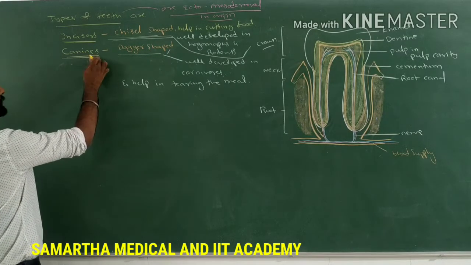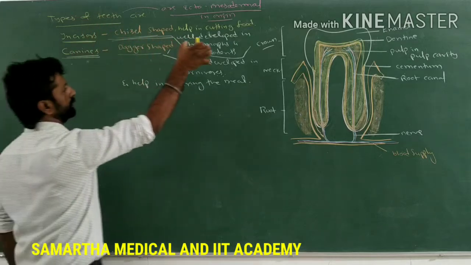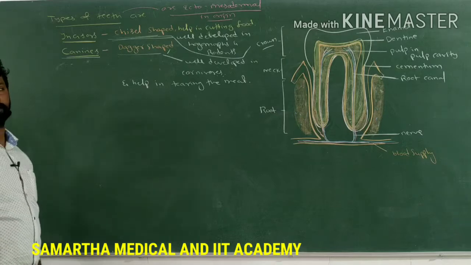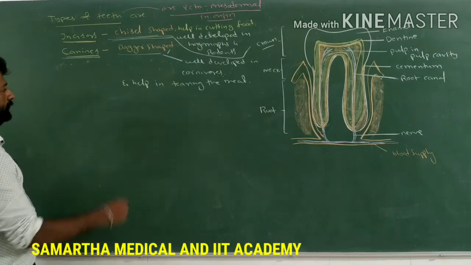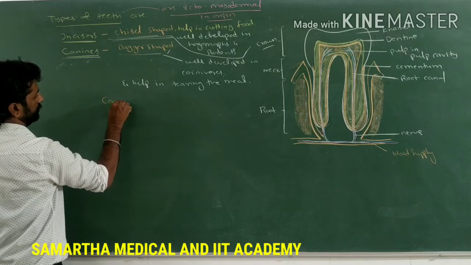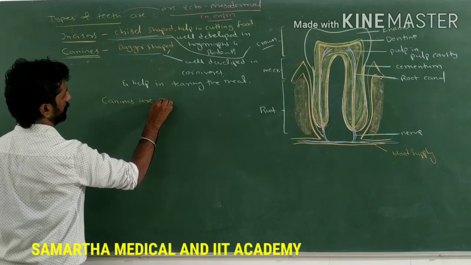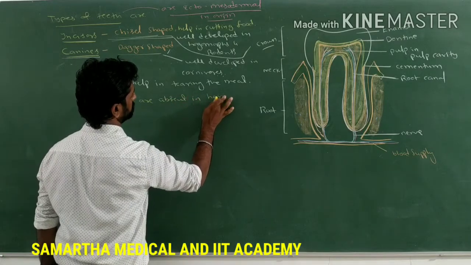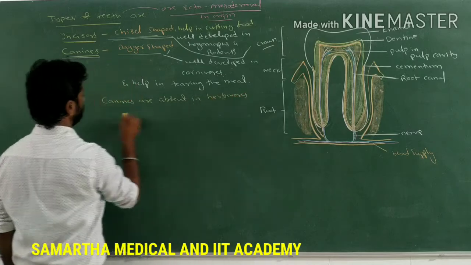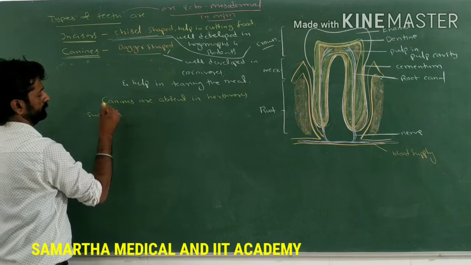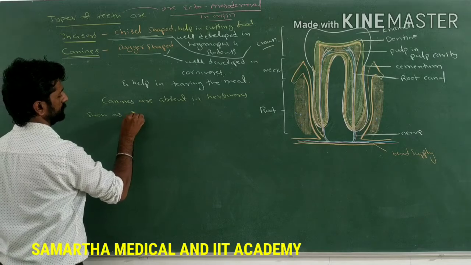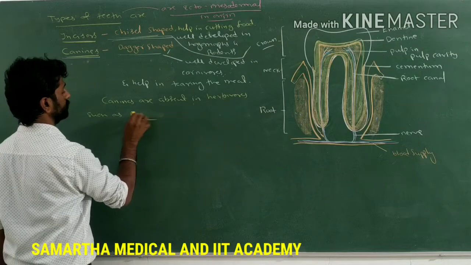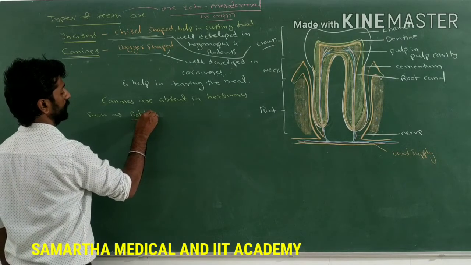And these canines are absent in rodents or the herbivorous organisms. So canines are absent in herbivores such as, for example, rodents or lagomorphs, an example of which is the rabbit.